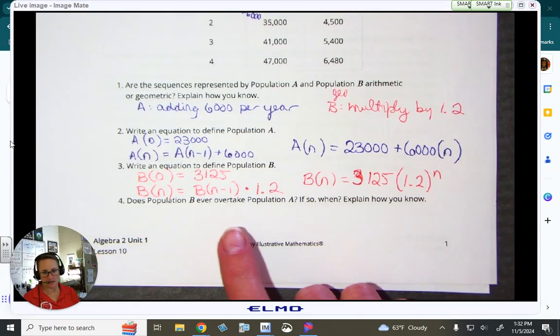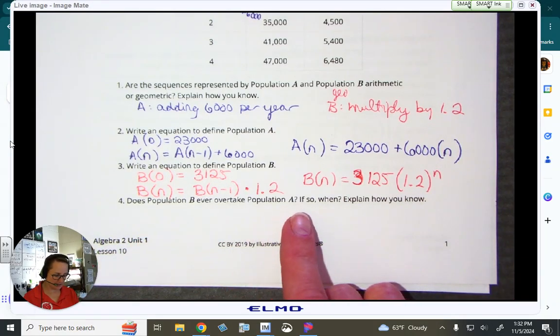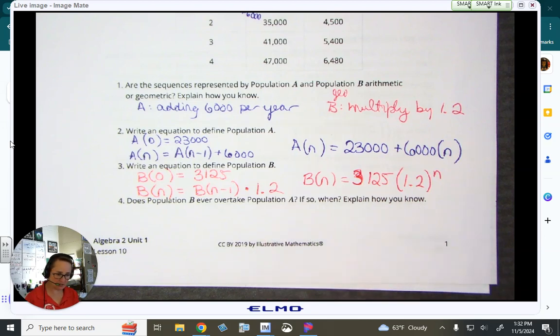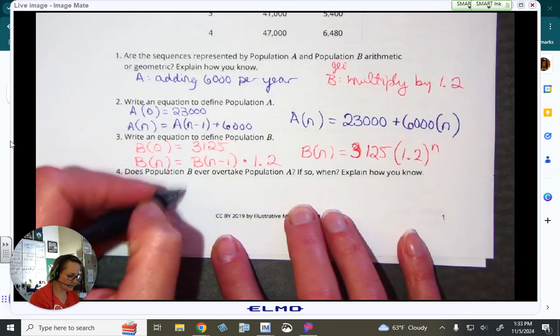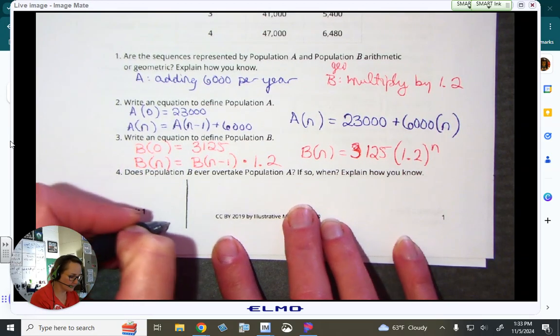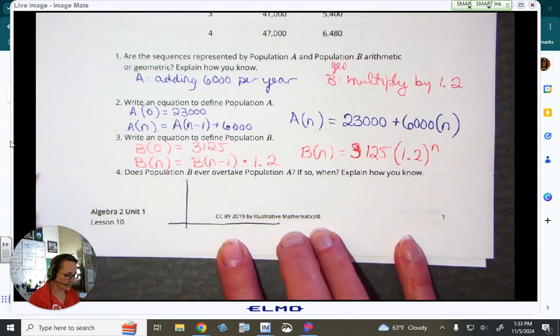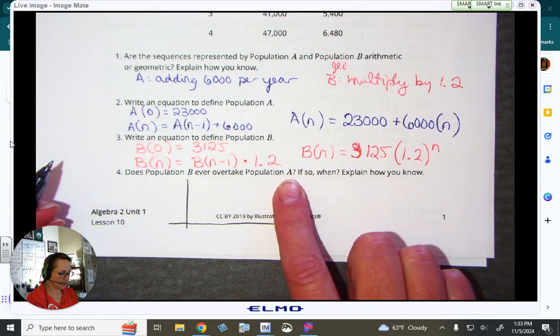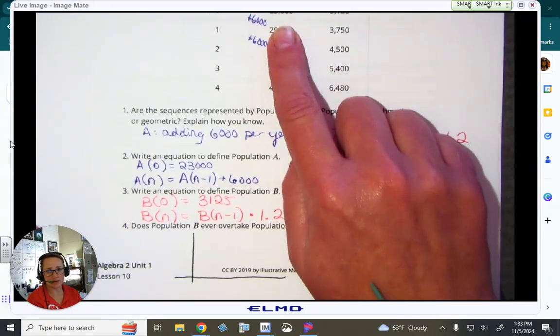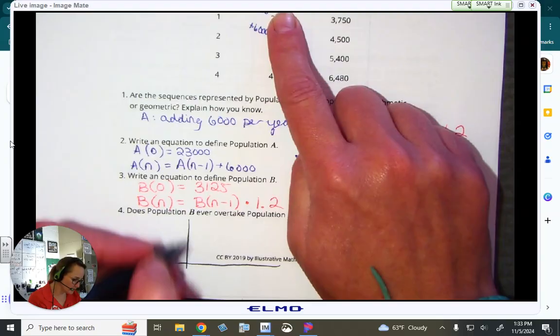Does B ever overtake A? This is a valid question, because what's happening is we've got things that start in different places and are growing at different rates. So if we think about population A, it's starting way up here at 23,000.